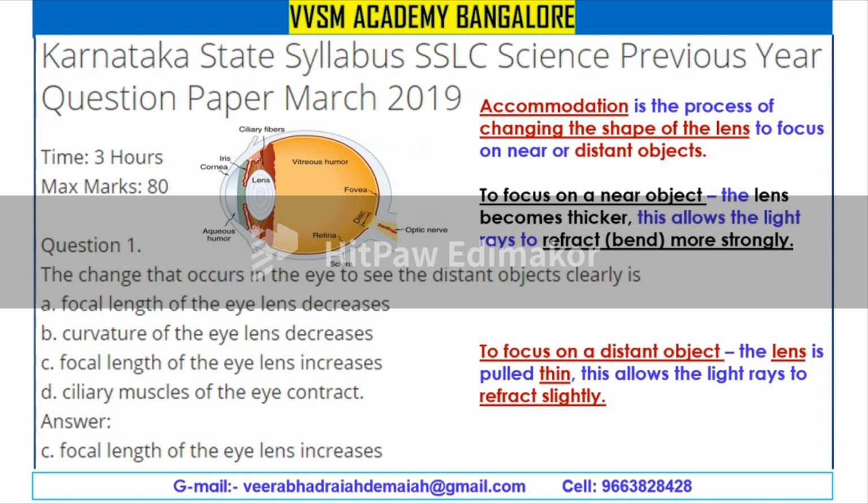It changes according to the distance of the object. Depending upon the distance of the object, the image is formed at the retina. So your answer is: focal length of the eye lens increases when the eye sees a distant object clearly. That's how the human eye functions.